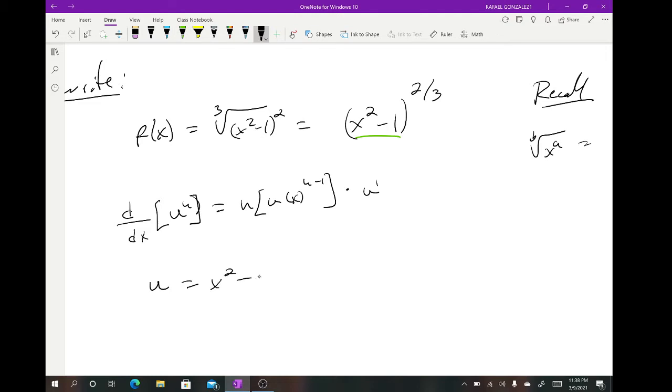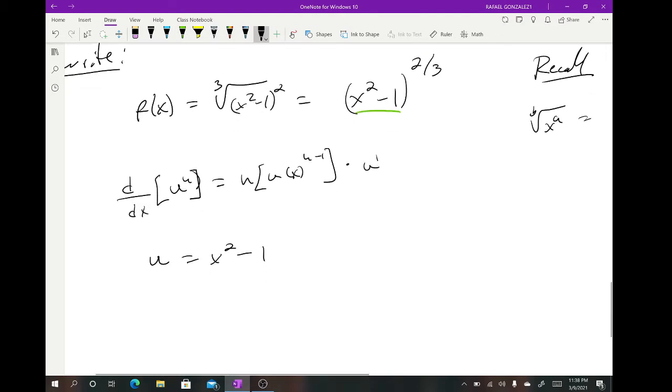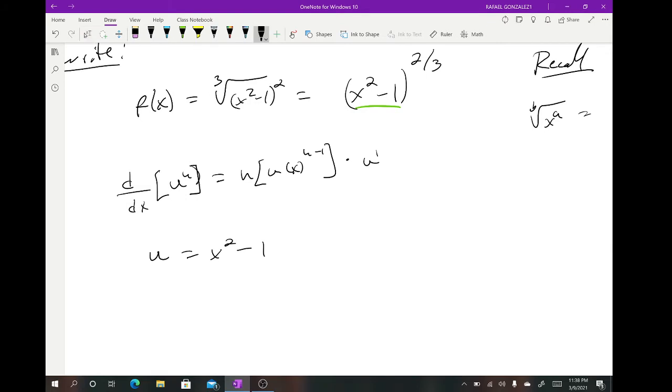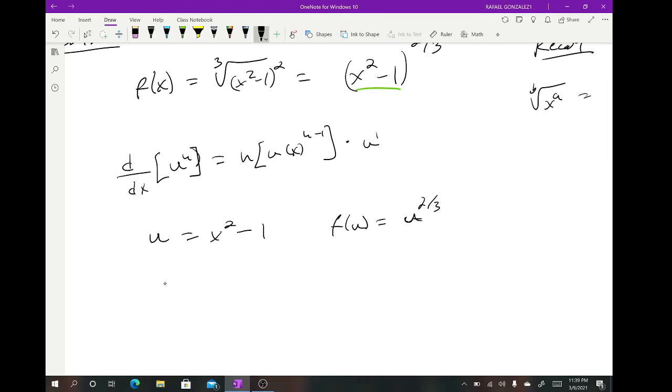This is the parabola x squared shifted down 1 unit. And our f of u is equal to u to the 2/3 power. Which means that the derivative of u is equal to 2x.